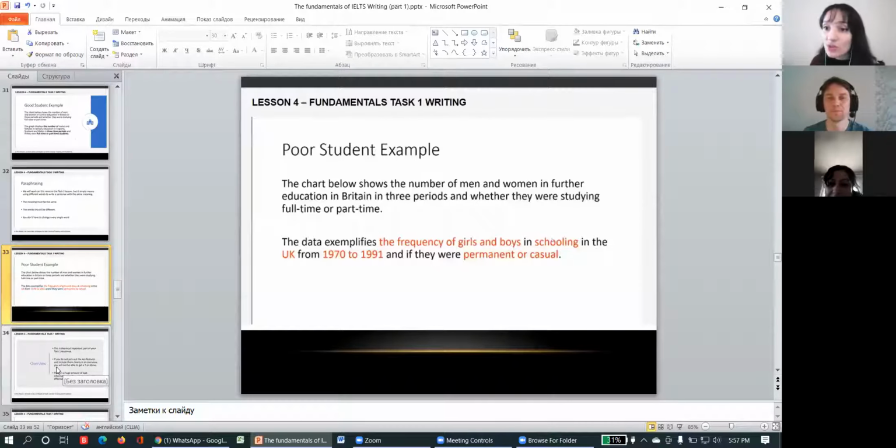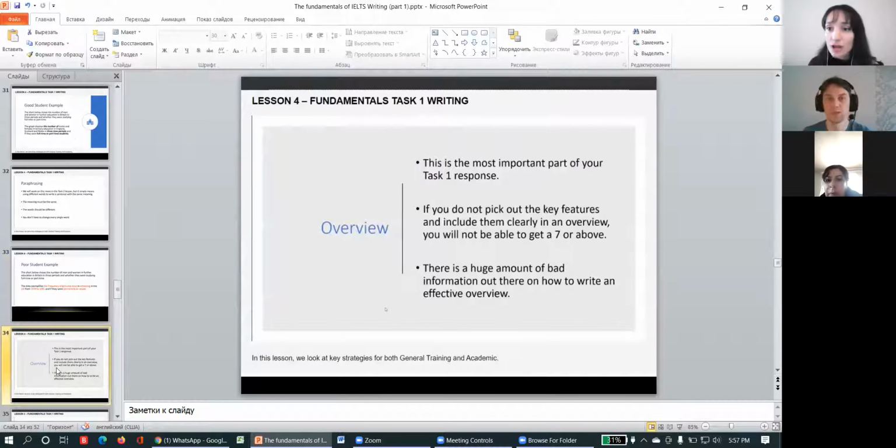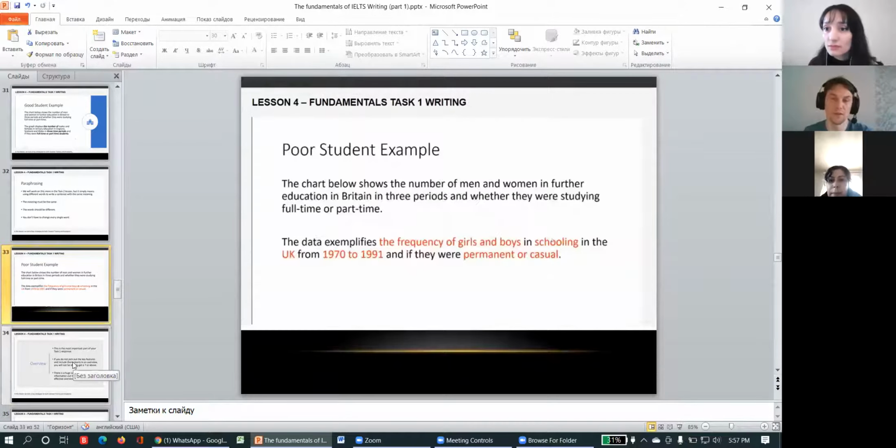So it's a very good example of a bad student here. You have to be careful about changing the words. There's no necessity to change every single word if you don't know exactly what word could replace it. As you said, it was the vocabulary test, so we should concentrate on vocabulary.